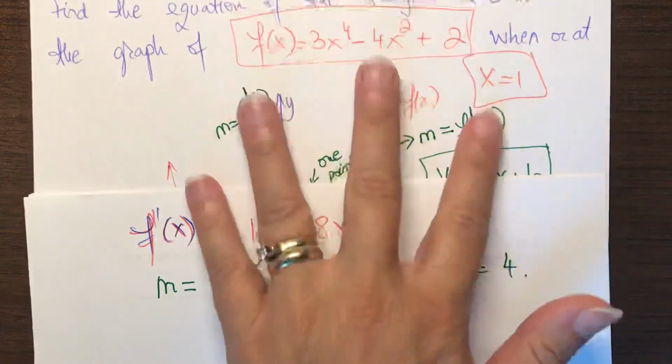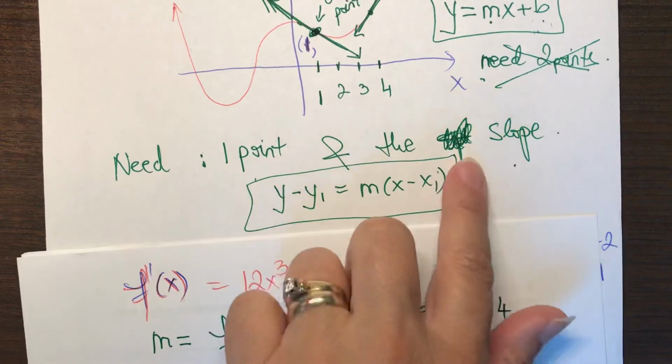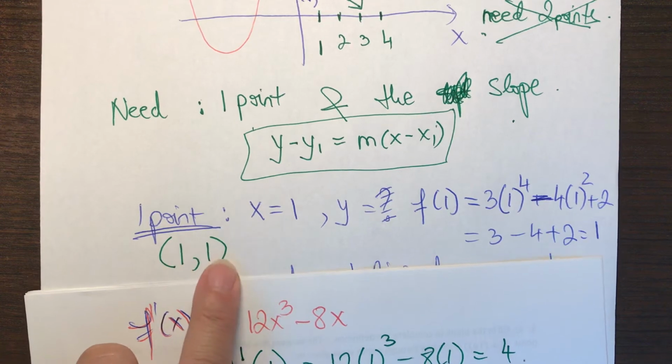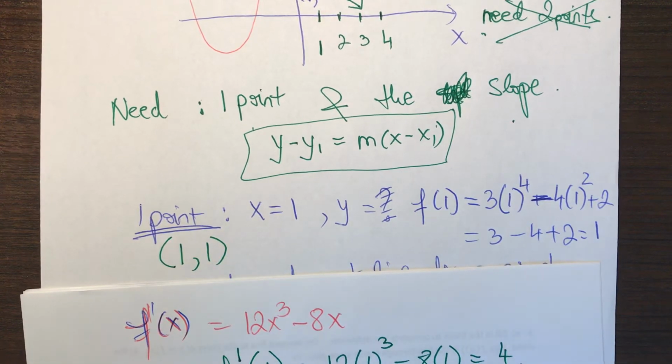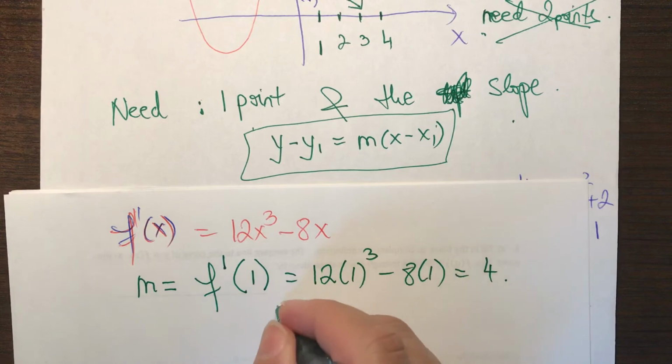So now I have all the parts. What are the parts? I need a point and I need the slope. I have the point. It's (1, 1). X is 1. We plugged it into the function, and we've got 1 for the y value, and now we have the slope as well. So I'm going to use both formulas.